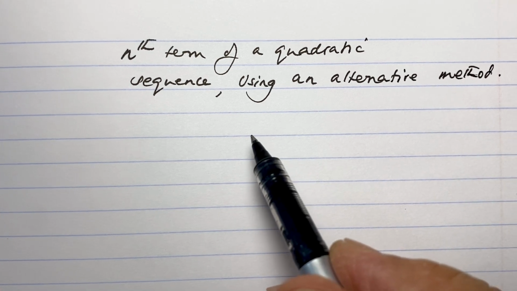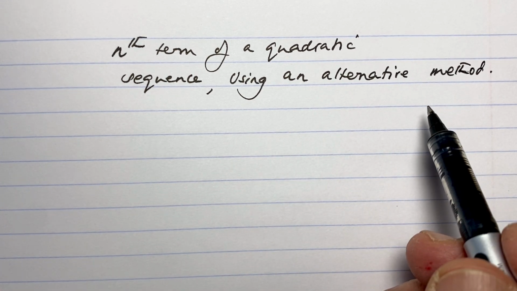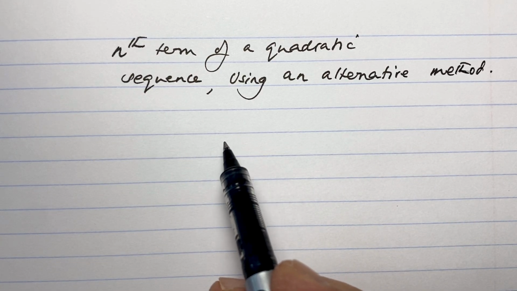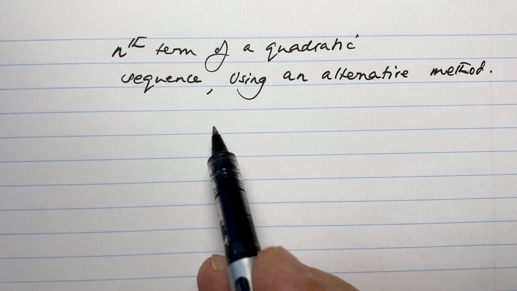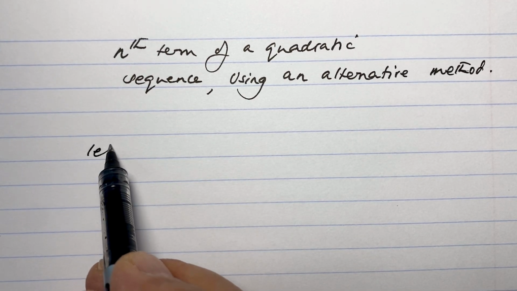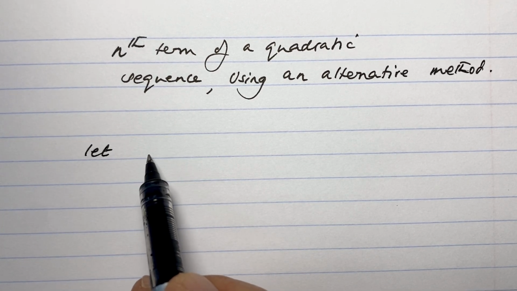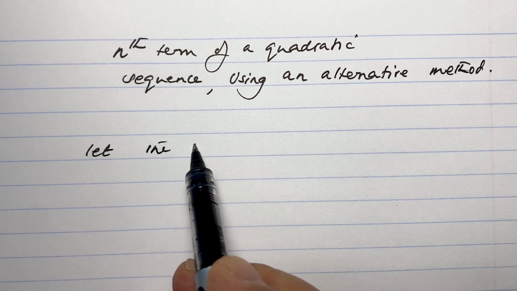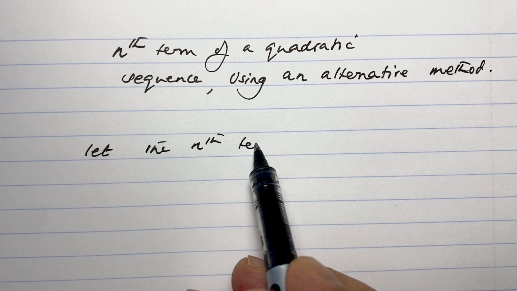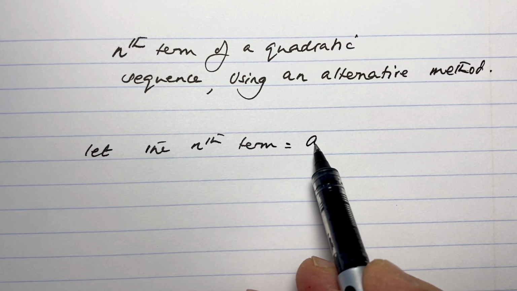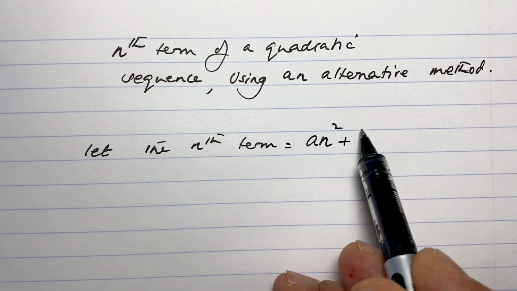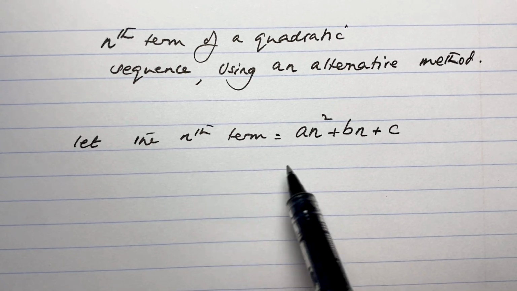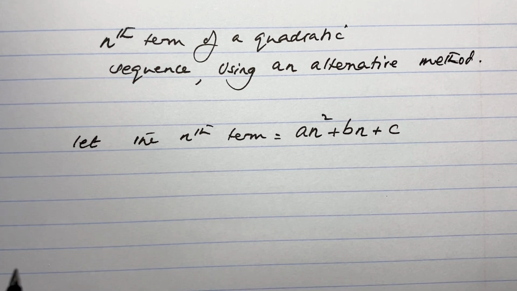Instead of following a rule, I want to actually achieve what I want to use later. Let me have a sequence that has an nth term of an squared plus bn plus c. So I'm going backwards now. I want to produce the terms myself.